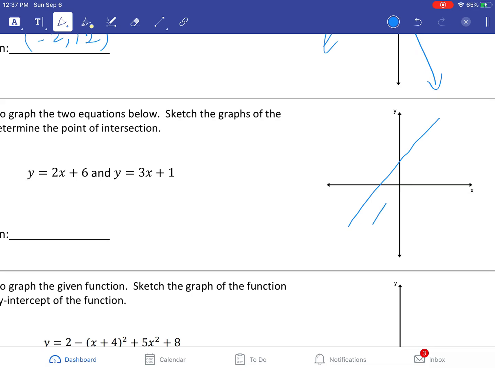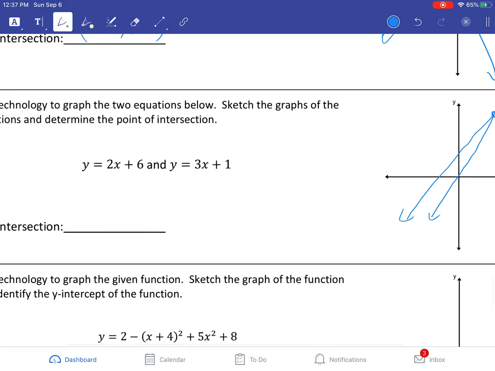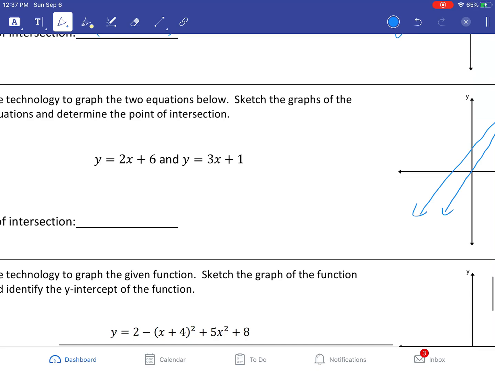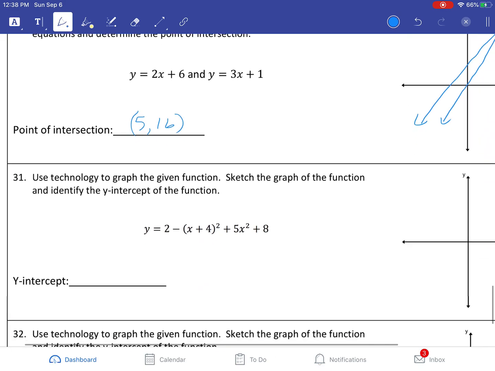The other graph's going to go like this and meet up someplace over here. Again, we find the intersection. Get 5. So it's going to be 5 comma 16.